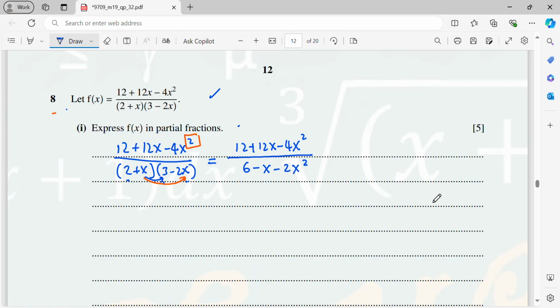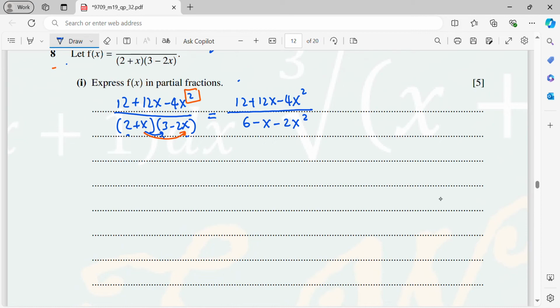Here we need to perform the polynomial division based on this form. I will show it here. That is negative 4x squared plus 12x plus 12 divided by negative 2x squared minus x plus 6.